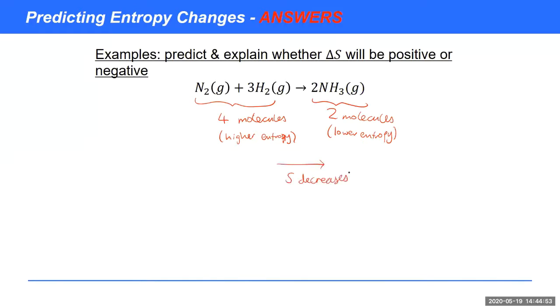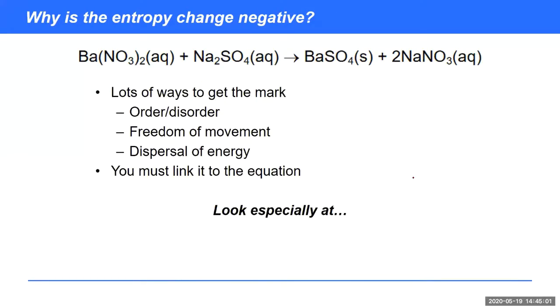Now the final one was just there, really, that I've taken from an exam question actually. And all I've done is just to show you that there are actually lots of ways to get the mark. In fact, those first 6 responses that were all correct are all valid options on the mark scheme. You can talk about order or disorder. You can talk about freedom of movement.